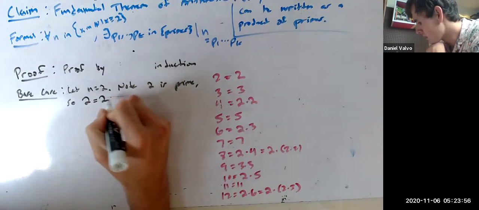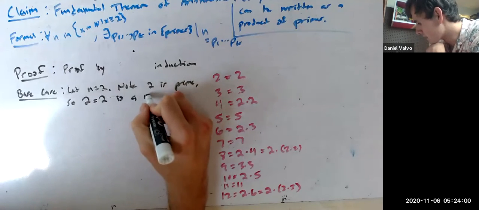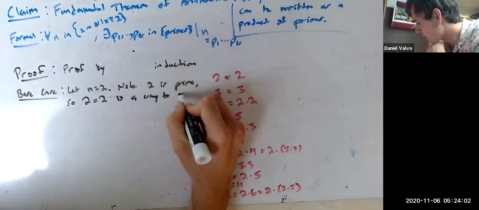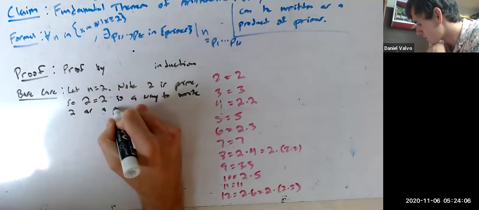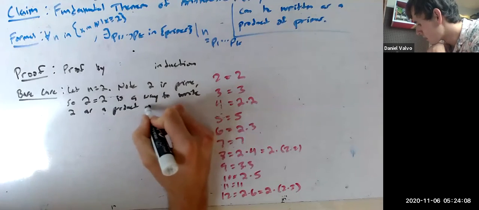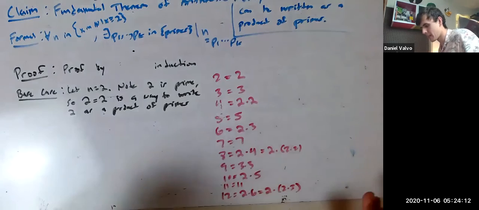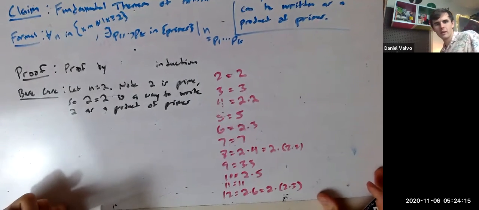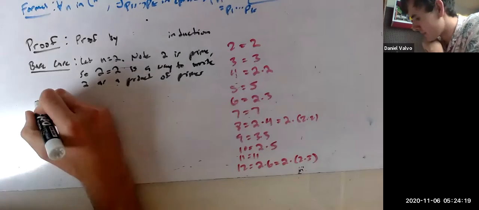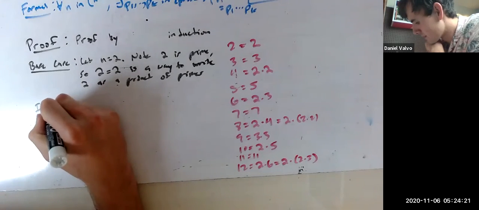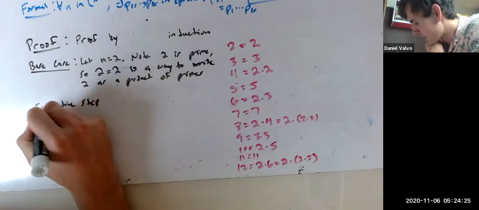So 2 equals 2 is a way to write 2 as a product of primes. Real simple. 2 just starts off fine. Inductive step.